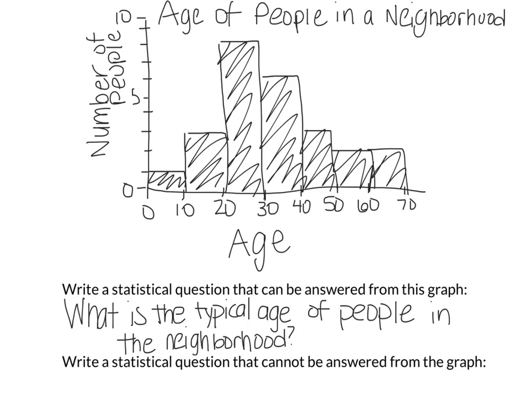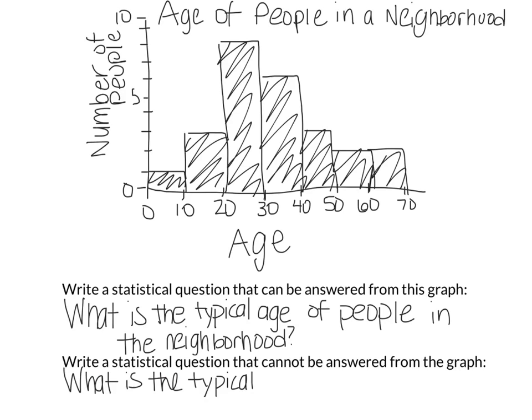The next thing is write a statistical question that cannot be answered from the graph. So it's very important that I'm writing a statistical question, not just any question. It needs to be statistical. So once again, I'll start off with, what is the typical? So just like this that I've written here, what is the typical?